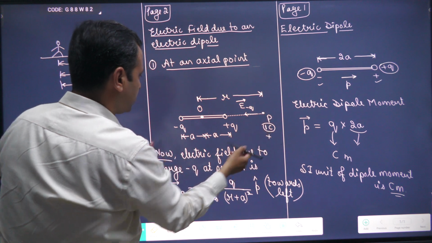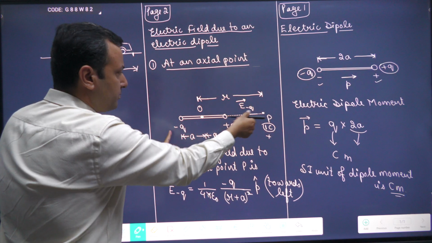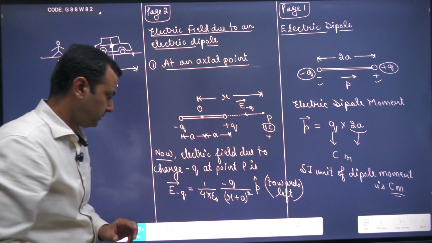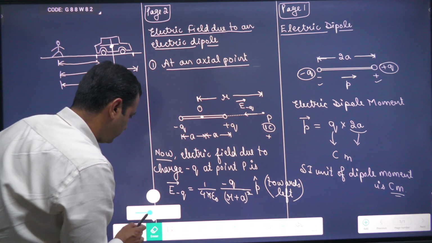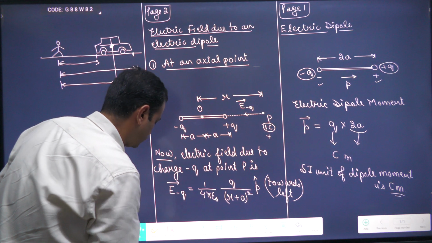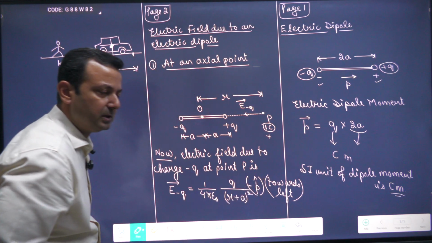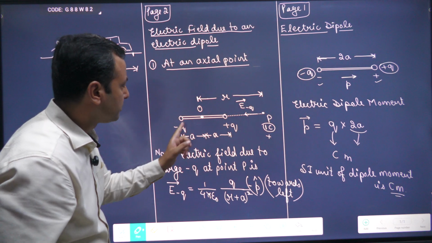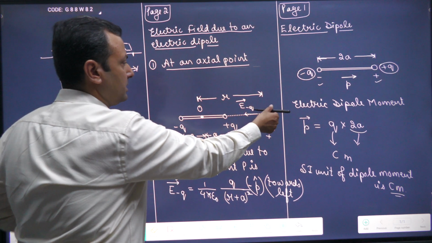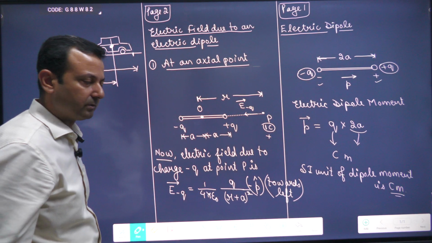This negative charge is attracting this positive charge, so the direction is from positive to negative. That's why this P cap is negative. The dipole moment is from negative to positive, and this is from positive to negative, so we have taken it negative.